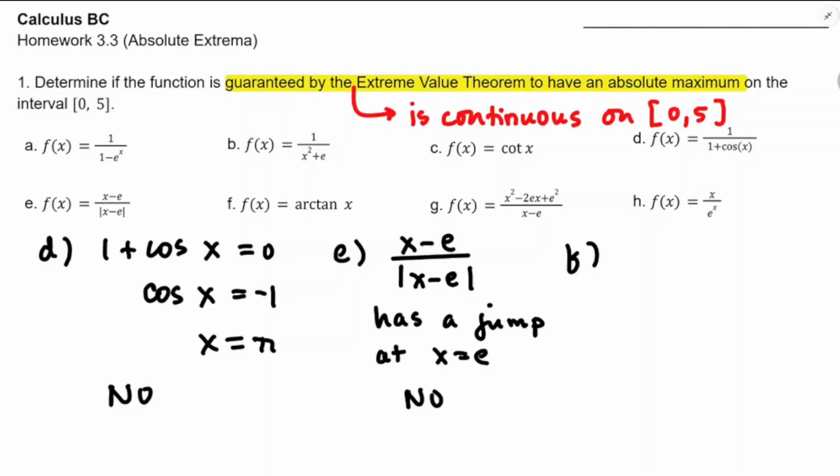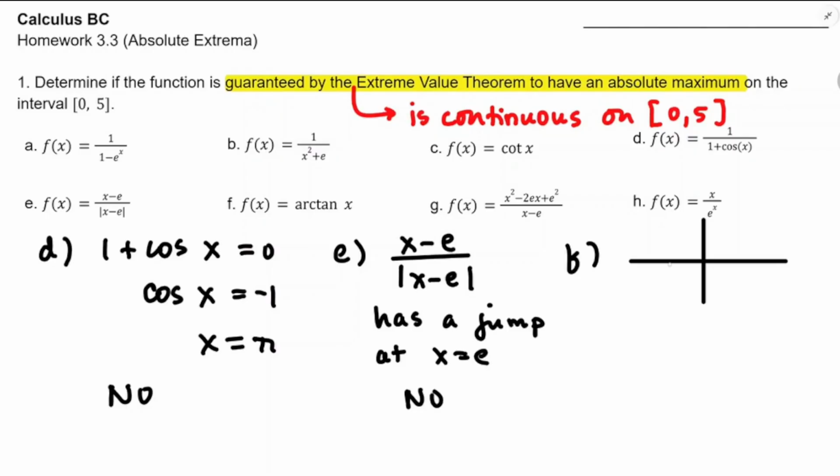Okay, f of x equals arctangent x. Think about that one. Not sure how I would say that. No, I think this is one of those things, kind of like the limit of arctangent x as x approaches infinity. It's one of those things I think you just kind of gotta know.